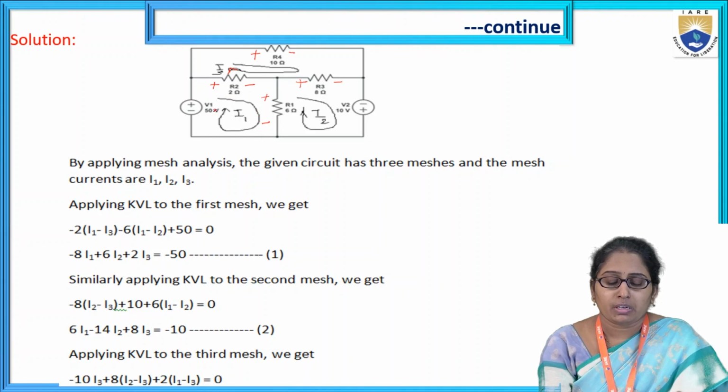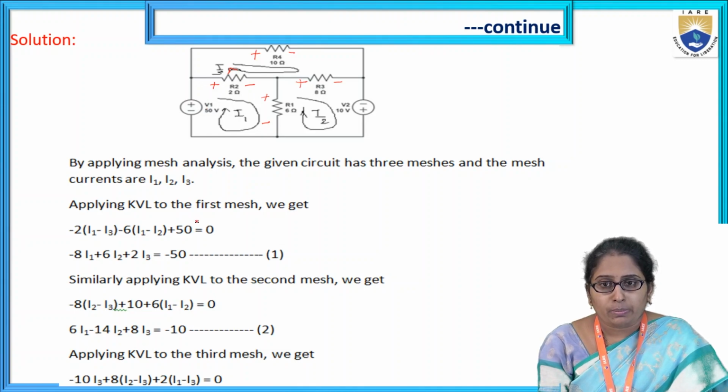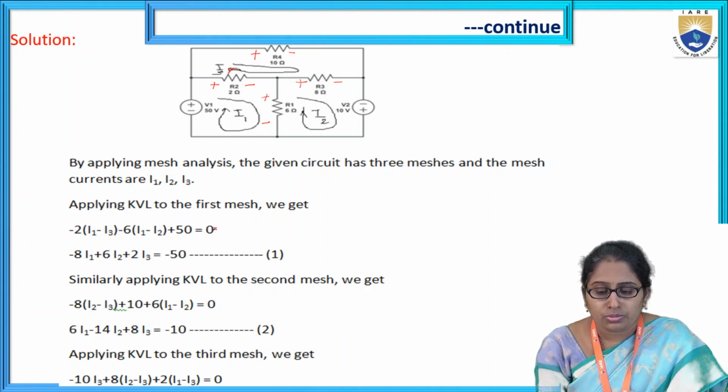If you complete mesh 1, the next element is the battery. The assumed I1 current direction is from the negative terminal to the positive terminal, so we are going from lower potential to higher potential, which means a voltage rise. A voltage rise for a battery, we know, is taken with plus in the KVL equation. So that's why plus 50 equal to 0.